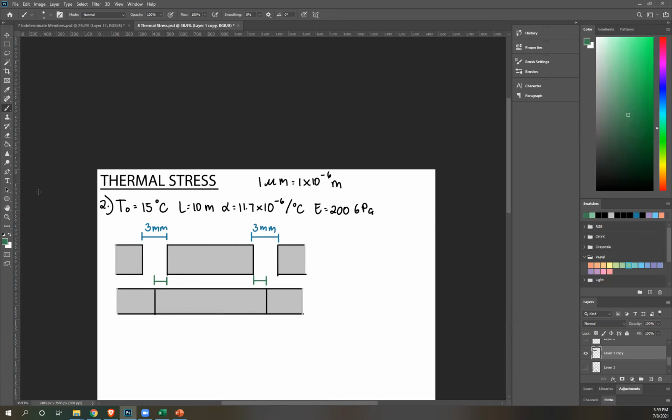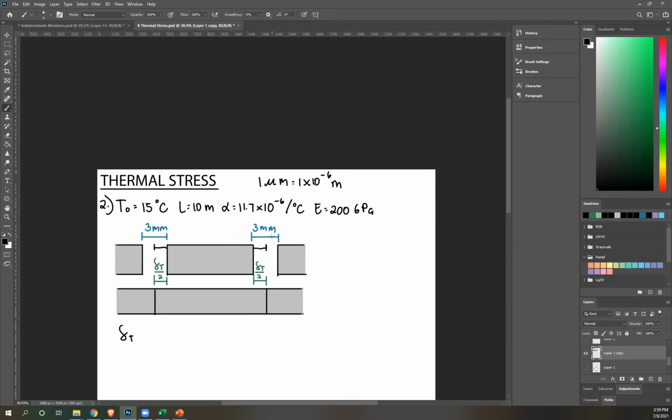So we're going to write here deformation due to temperature over 2, and then deformation due to temperature over 2. And then total deformation, therefore, we can say is this part over 2, that's 1.5, right?